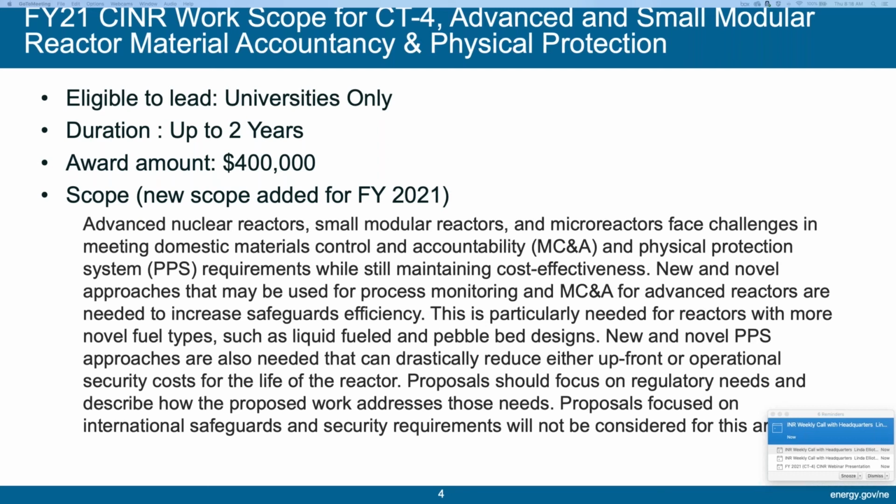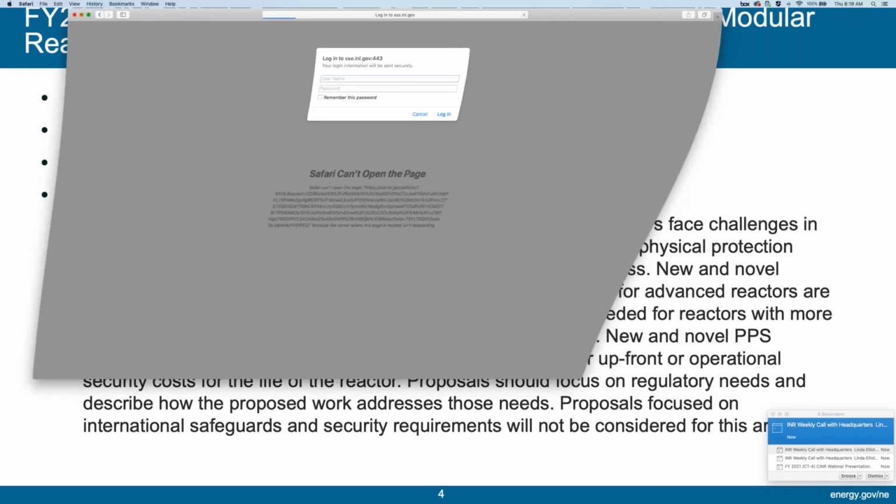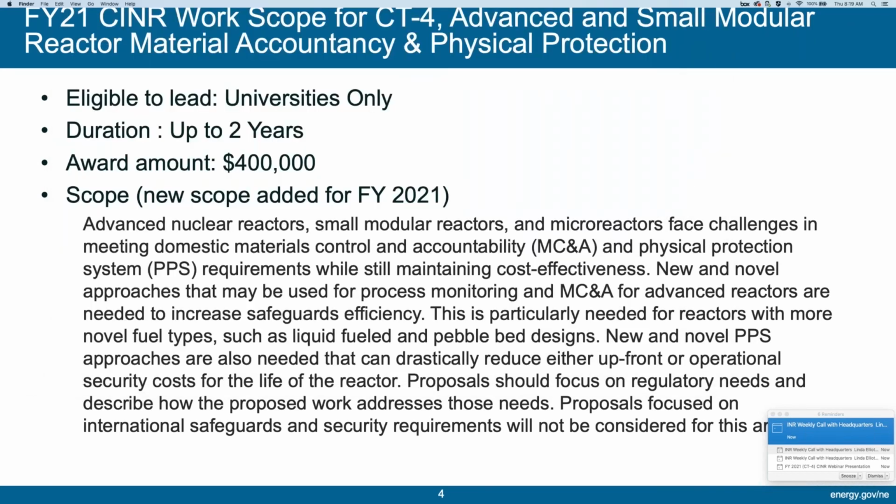So for example, if you have a sealed core that maybe just has a 20-year life or a 15-year design life, versus fuel assemblies or other types of fuel that have to be removed periodically, that could have an effect on both the MCNA requirements and the physical protection. So that interface, taking into account the difficulty of access, is something that we probably could use a little bit more help on.